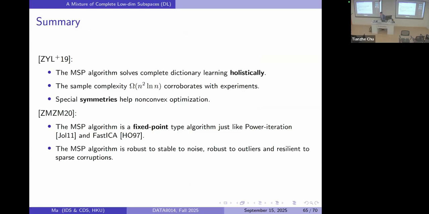I want to summarize the message. Remember, we had a very pessimistic message, very pessimistic, early on when we started with dictionary learning. Oh, this is a bilinear NP-hard problem. Also, even if you can solve the bilinear problem, computational cost is not the burden, the sample complexity is the burden. It's n choose k.